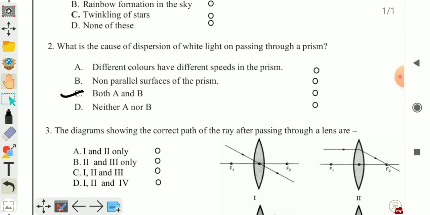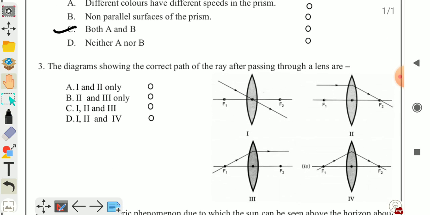Your next question is question number 3. The diagram showing the correct path of ray after passing through a lens are. लेंस से आपको path of ray शो किए गए हैं. You have to choose the correct refraction of light ray. First one is correct, when passing through the optical center.